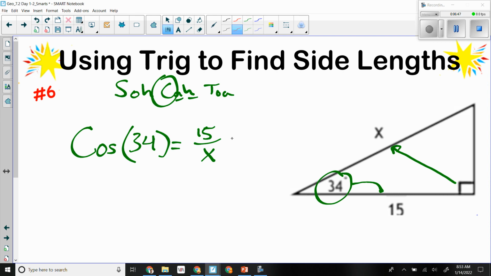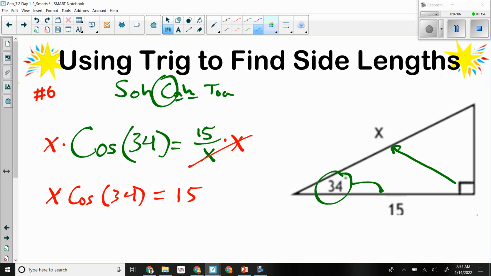So instead, we have to get our x out. This one's going to take 2 steps. So I actually have to multiply by x, okay? And you'll notice on the left side, my x is not isolated, all right? I have to do one more step with it. It actually equals 15 over here. So x times the cosine of 34 equals 15. How would I get my x isolated?